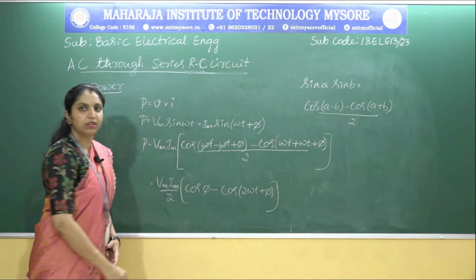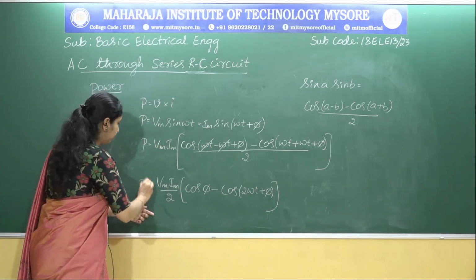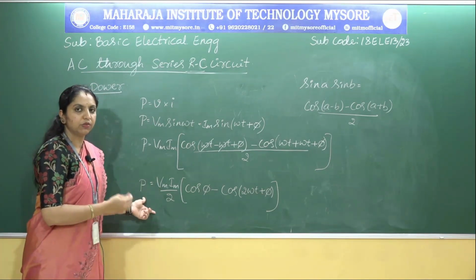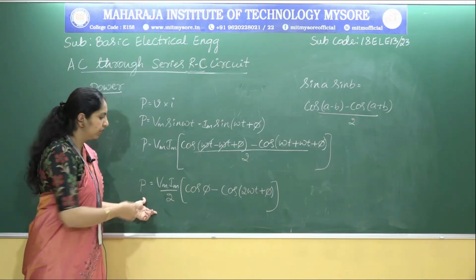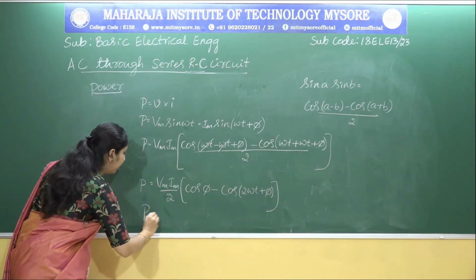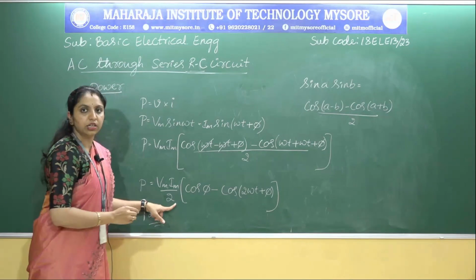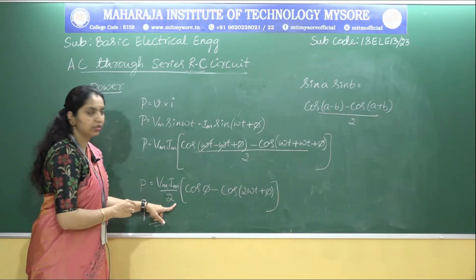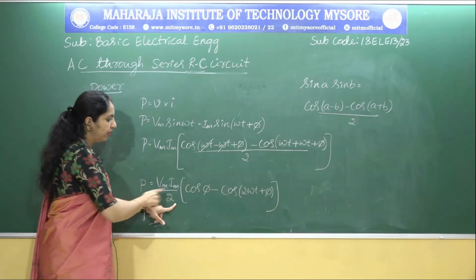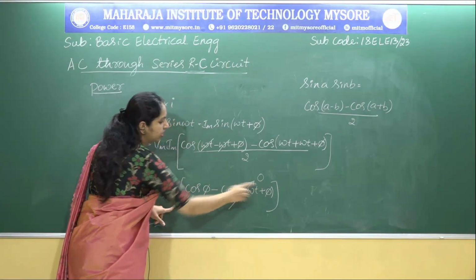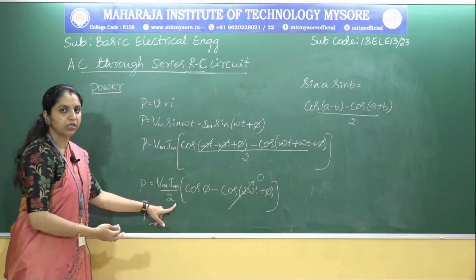So we have obtained the instantaneous power. As I've already told you in the previous topic, whenever we find the average power, this equation should be considered for integration, and if we integrate it, we will be getting the second part as 0.